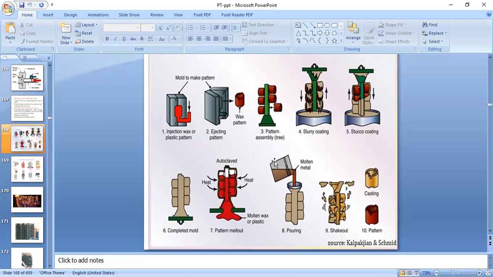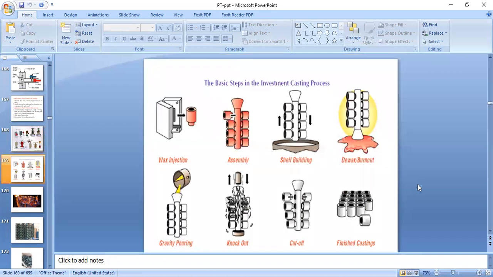Into the mold cavity we pour the liquid metal, and then we get a casting. We get a very good number of castings of similar shape and size, and no further machining is required. High dimensional accuracy components are obtained with this investment casting process.